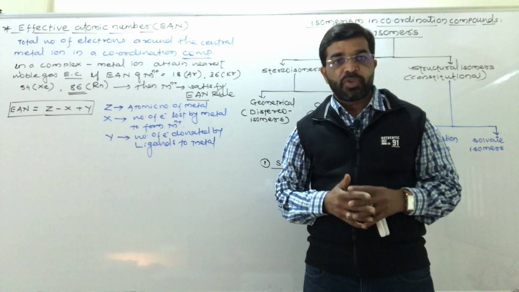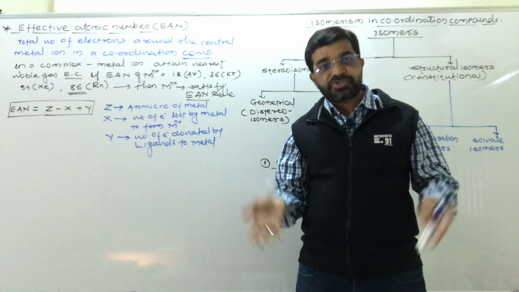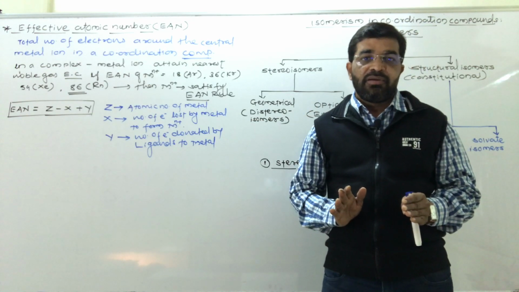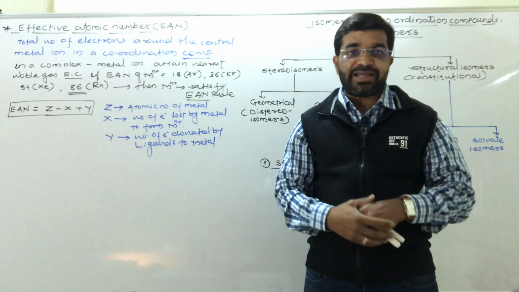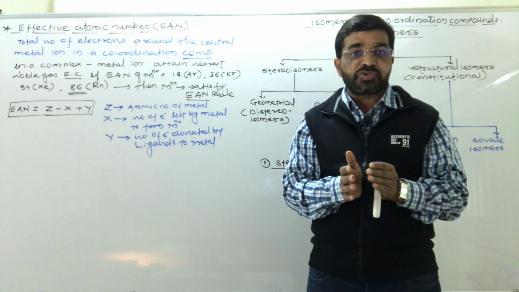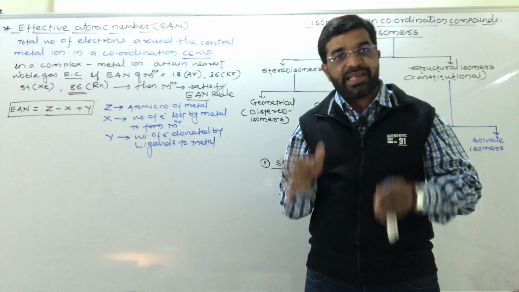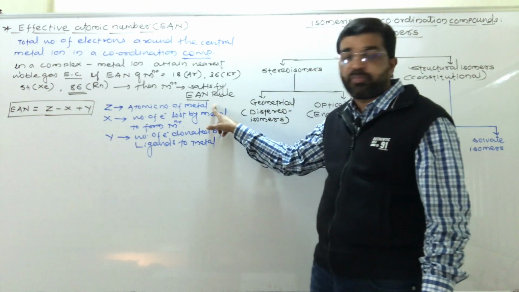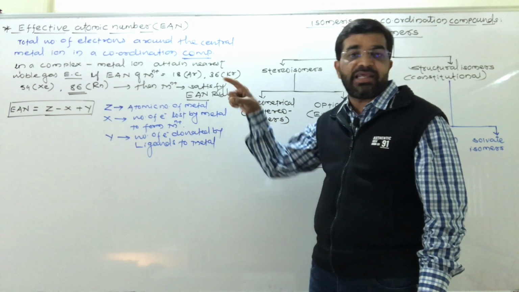That is, to find the total electrons around the metal ion in a coordination complex, we have to take into account the number of electrons of that metal ion, which is the total number of electrons of the metal minus the number of electrons lost by that metal to form the metal ion. And the electrons around the metal ion come from the ligands, which donate electrons to the metal ion and then form coordinate bonds with it. So we have to take into account the atomic number of the metal minus the number of electrons lost by the metal to form the metal ion, and how many electrons are donated by ligands to the metal or metal ion.